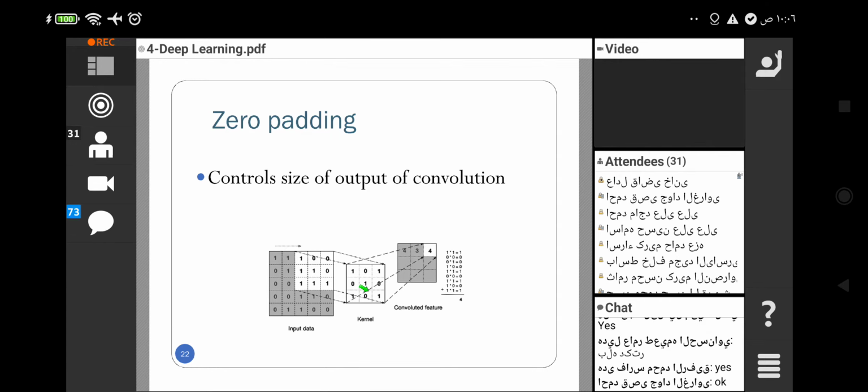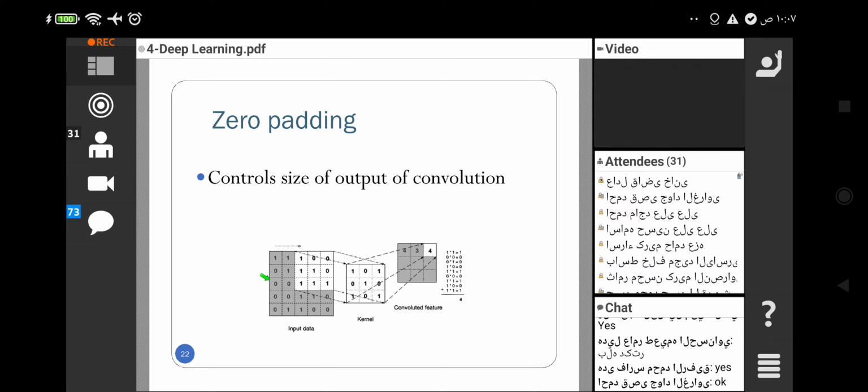We move the center of the kernel on the input. We put the center of the kernel here, and then we put it here, when the step is 1.